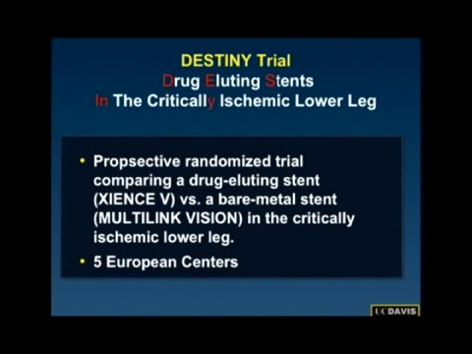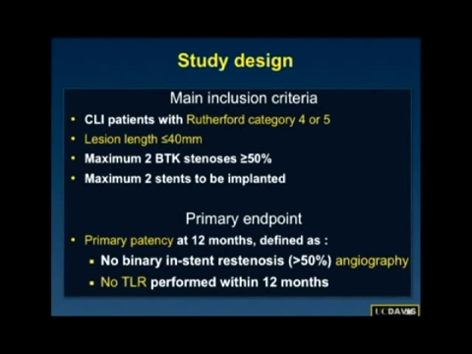We heard about the Achilles trial, which was one randomized drug-eluting trial. This is the Destiny trial. The Achilles trial looked at the Cypher stent. This looks at the Abbott Xience V stent versus the Multi-Link Vision bare metal stent in the lower limb. 5 European centers, very short lesions, less than or equal to 40 millimeters. The endpoint included a binary in-stent restenosis by angiography, so no duplex here, and any target lesion revascularization performed within 12 months.